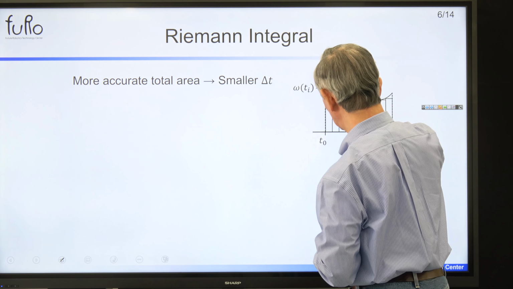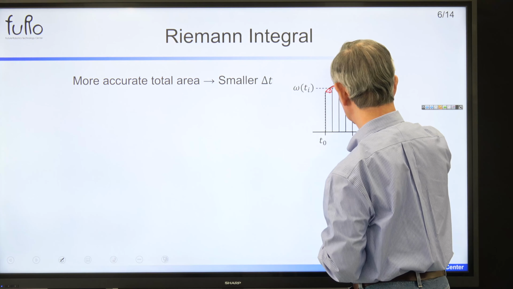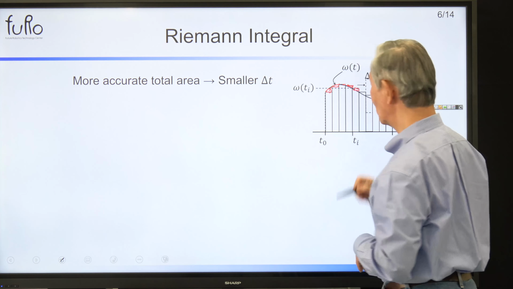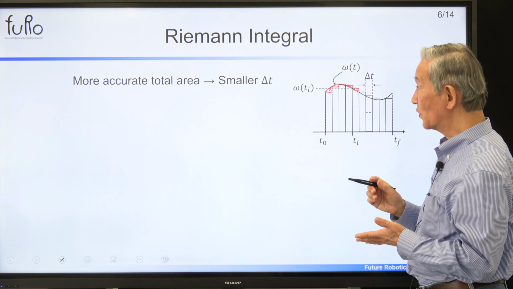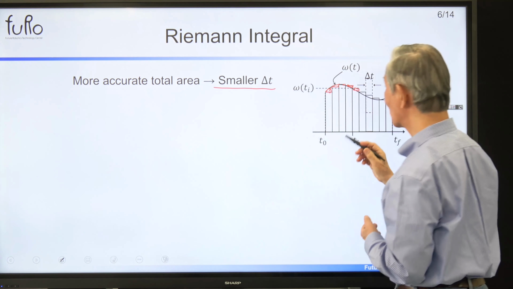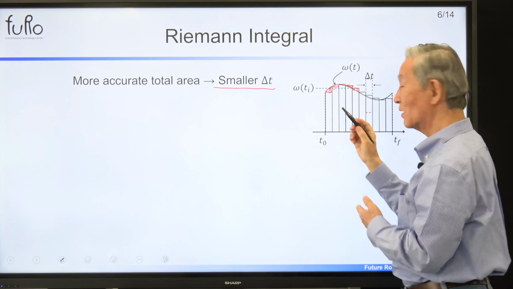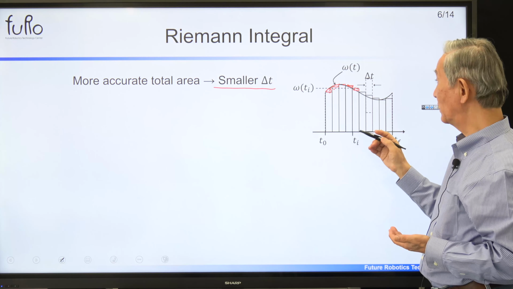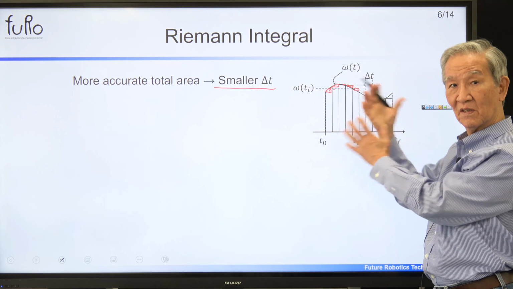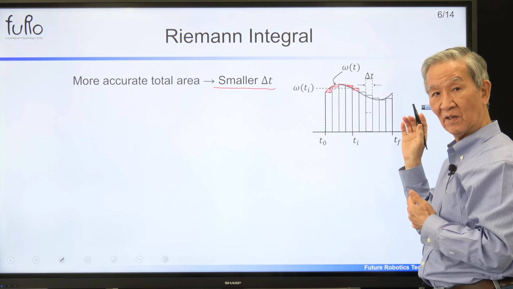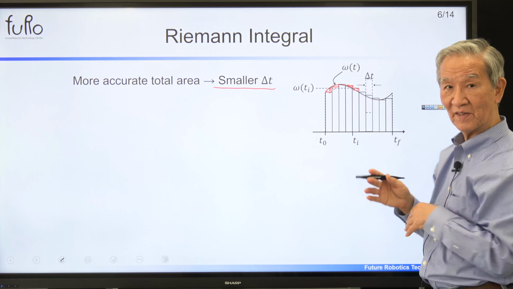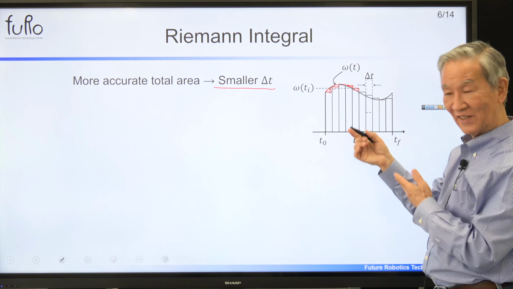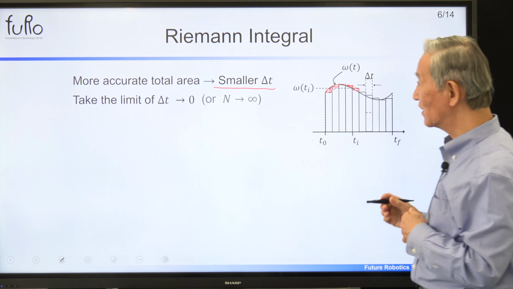Of course, those are all errors, right? How can you minimize the amount of those errors? Of course, if you make delta t smaller and smaller, the error between the sum of those columns and the original area becomes smaller and smaller. You agree? Naturally, intuition tells you that.